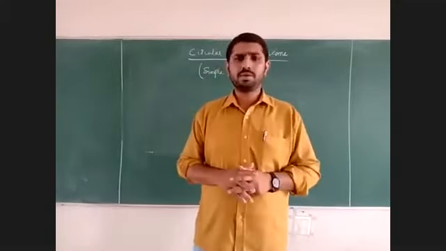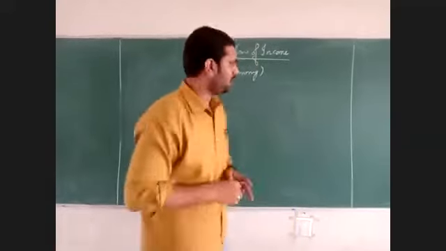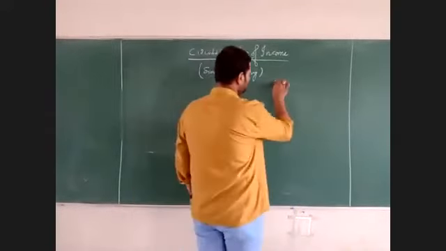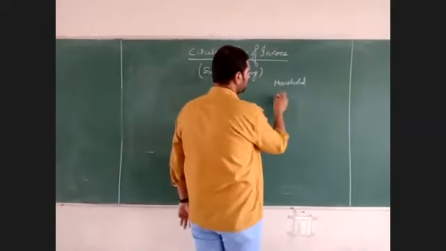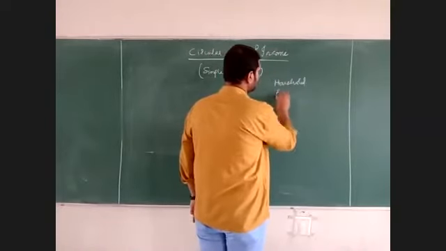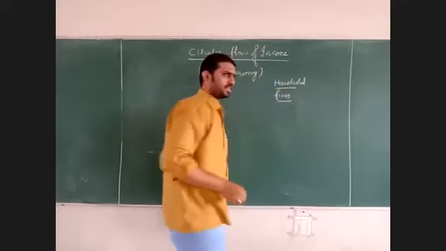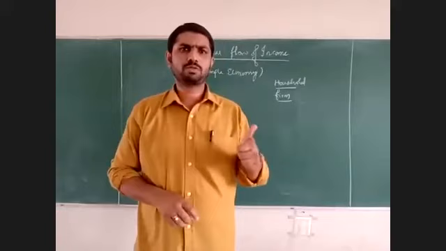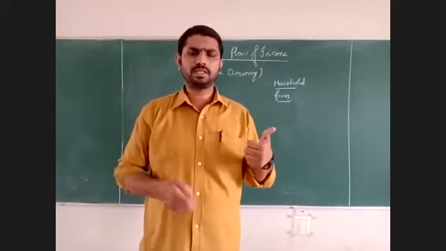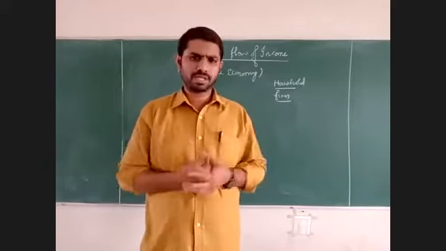And this is the economy which consists of two sectors. How many sectors? Two-sector model. The first one is called the household sector. The second one is called the producer or farm sector.